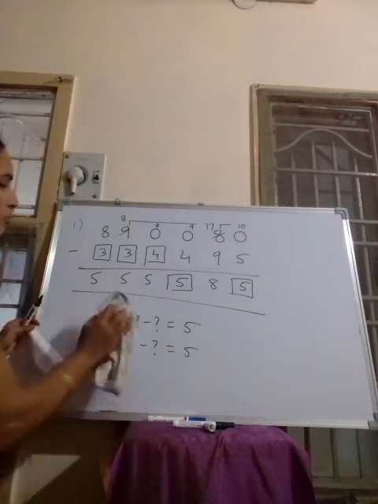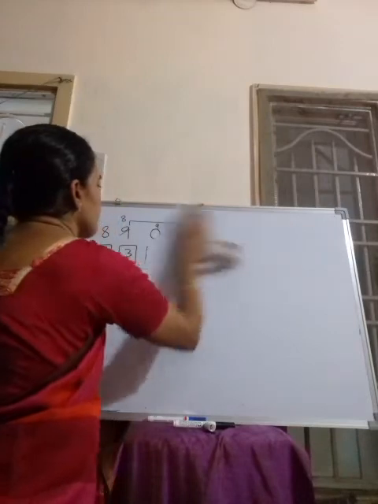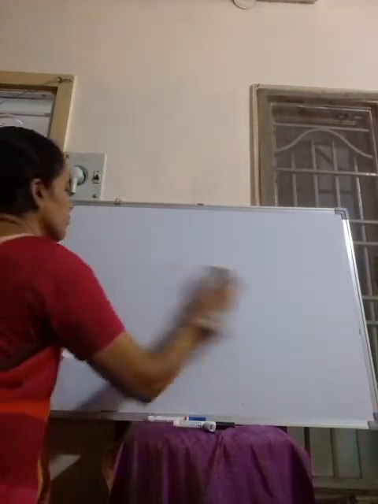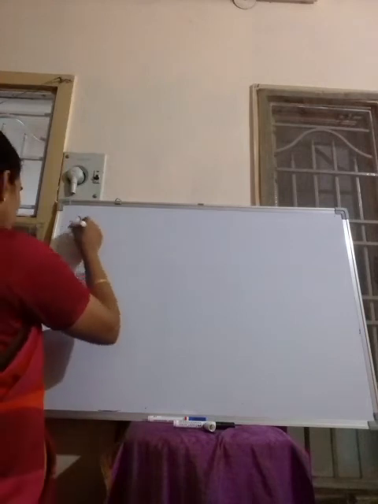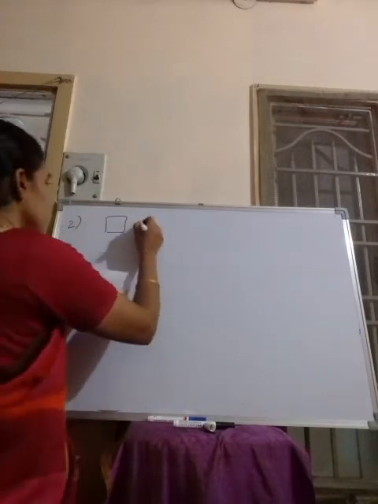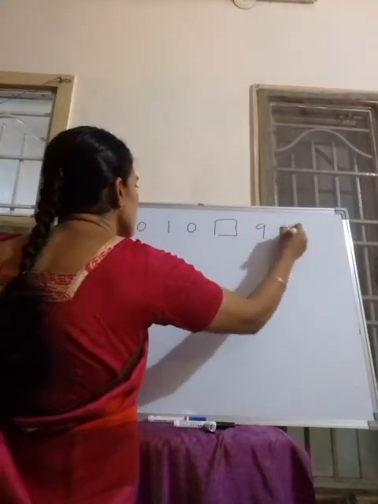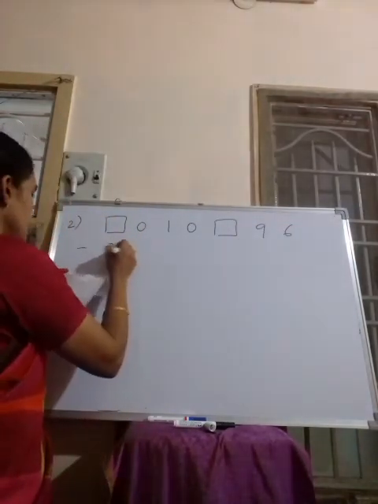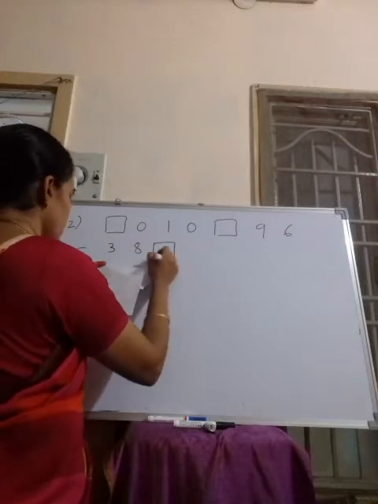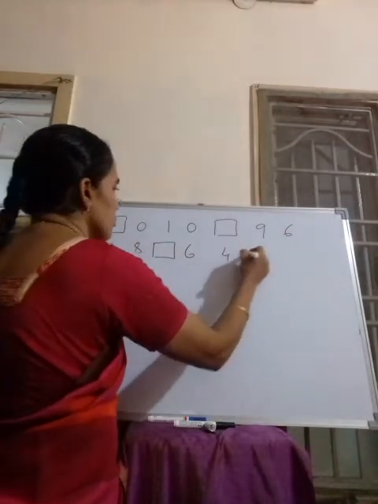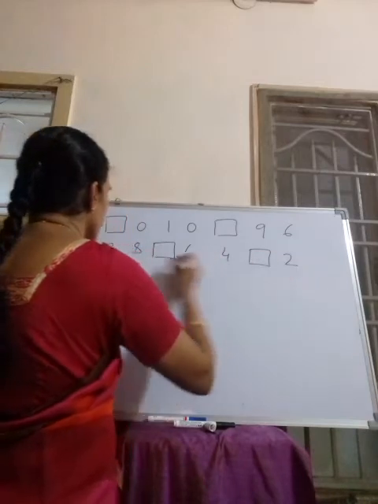Let's take one more problem. Zero, 1, 0, blank, 9, 6, 3, 8, blank, 6, 4, blank, 2.